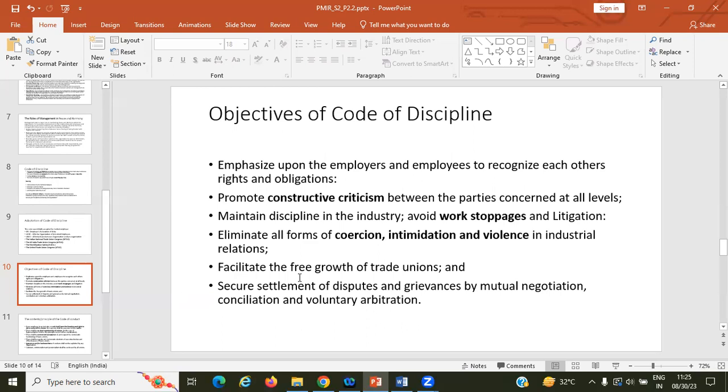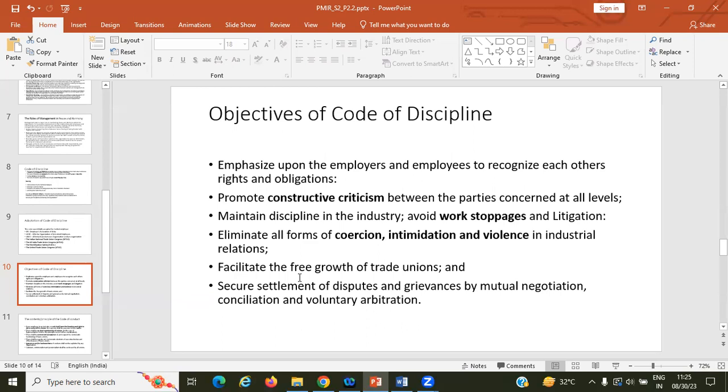If all these things are mentioned in the code of discipline and the employer and employee obey it, then the objective of having a code of discipline is to avoid those work stoppages, avoid those strikes, avoid those lockouts. That is mentioned as one of the objectives.